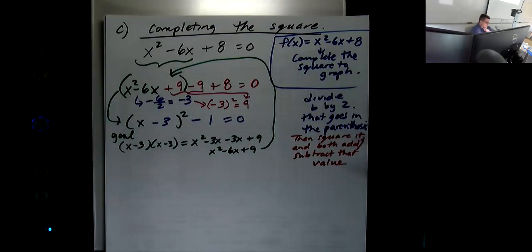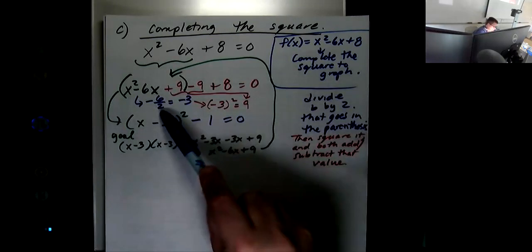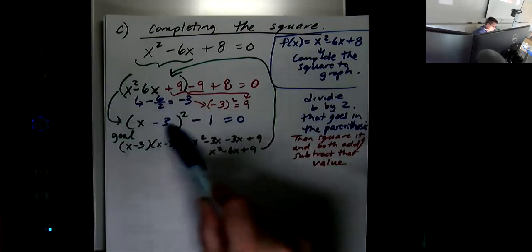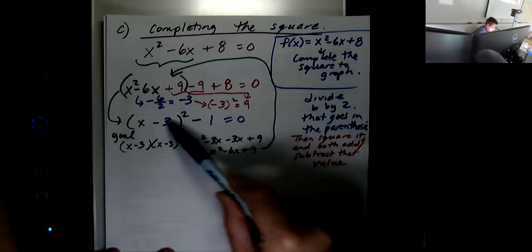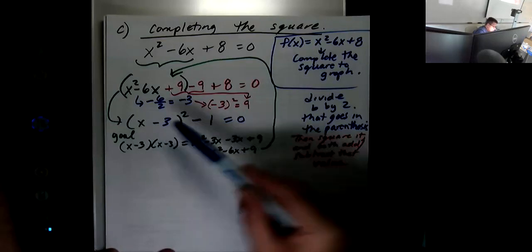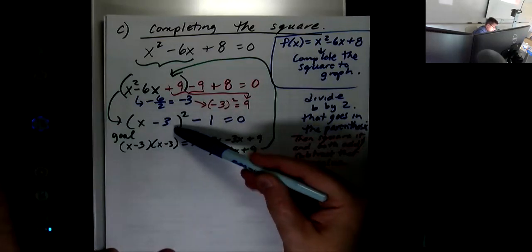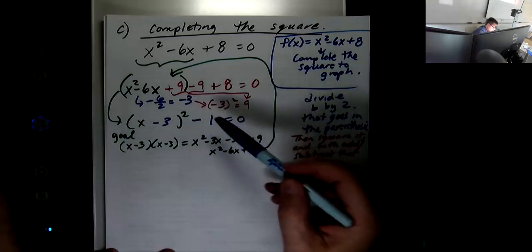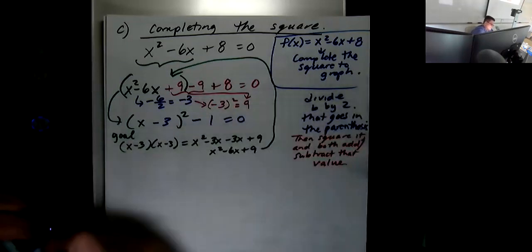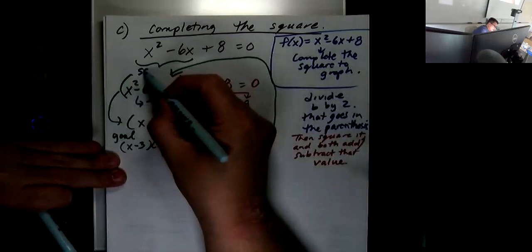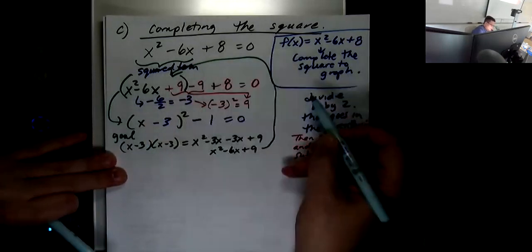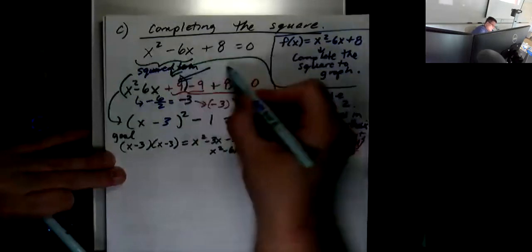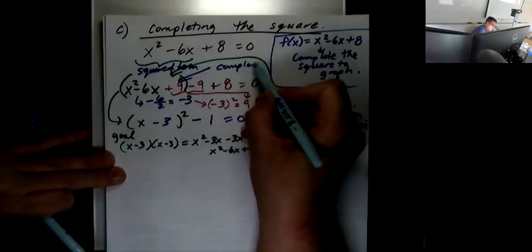So we take the -6, we cut it in half, and that's what goes in this thing. That just gives us the result of the parentheses. What it means by complete the square is, this is a squared term when we factor it, so we are completing it by filling in that.